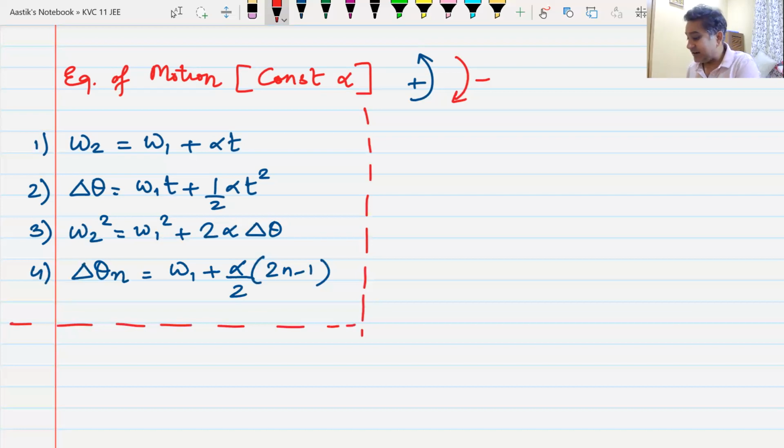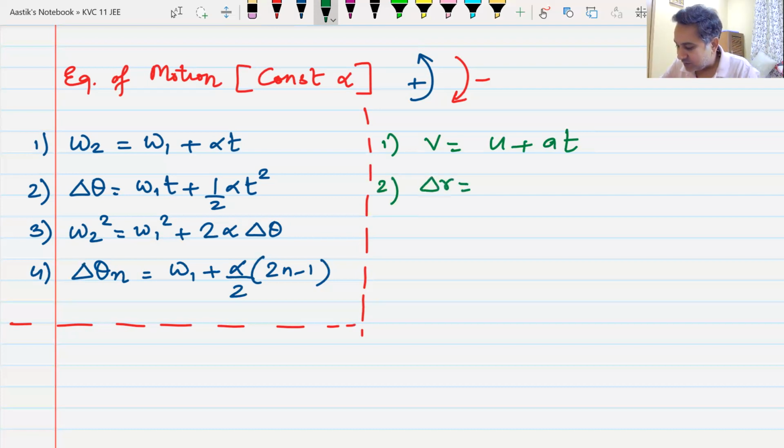Now, on the right hand side, I will write the other equations which we have already done. What is the first equation that we had done? V is equal to U plus AT. We remember this equation, so that you can compare them. Second equation, delta R, displacement is UT plus half AT square.